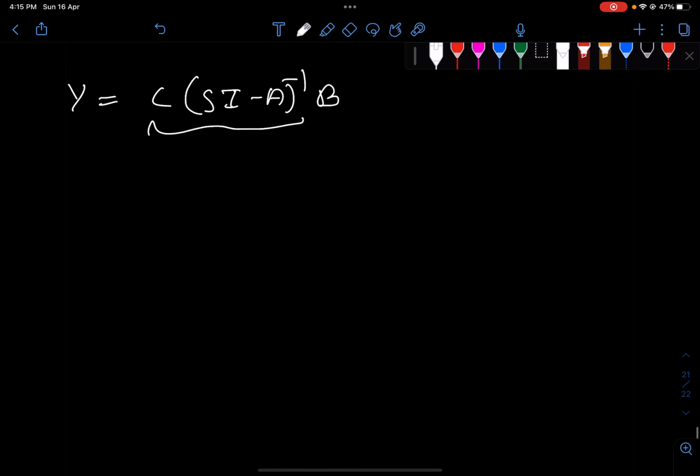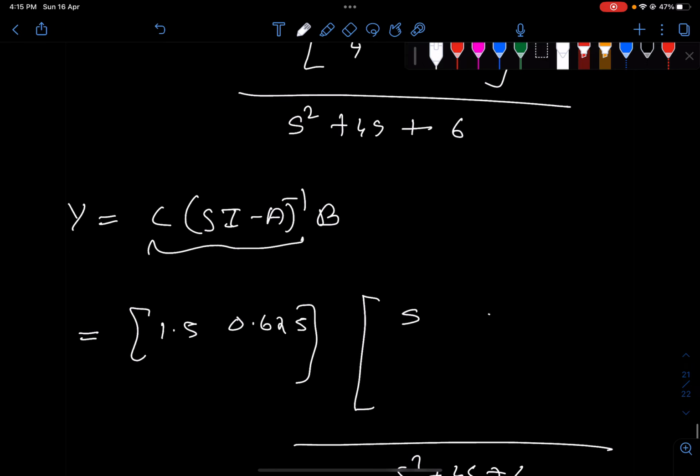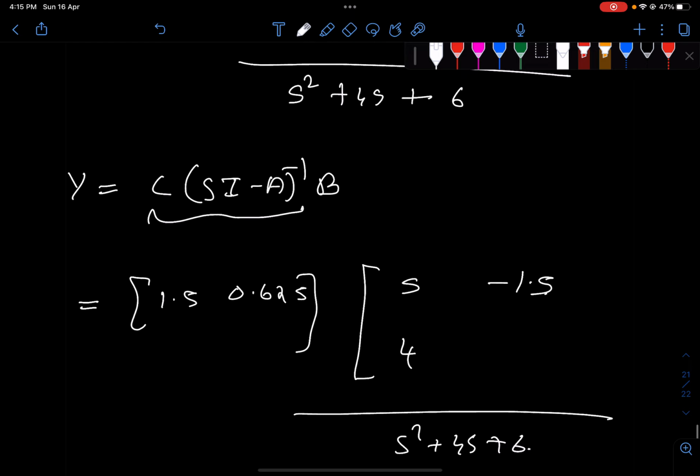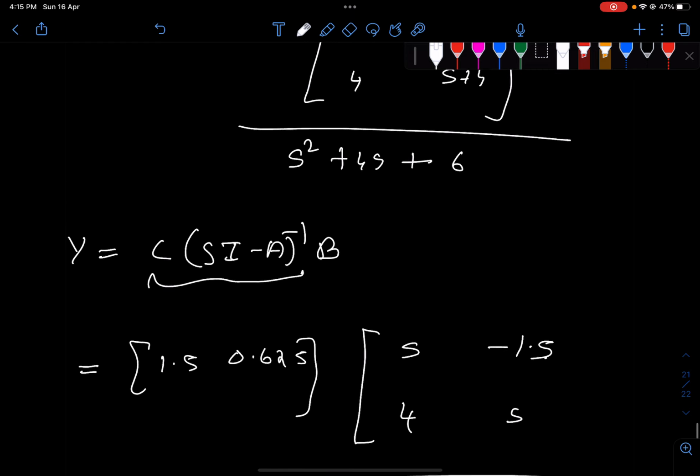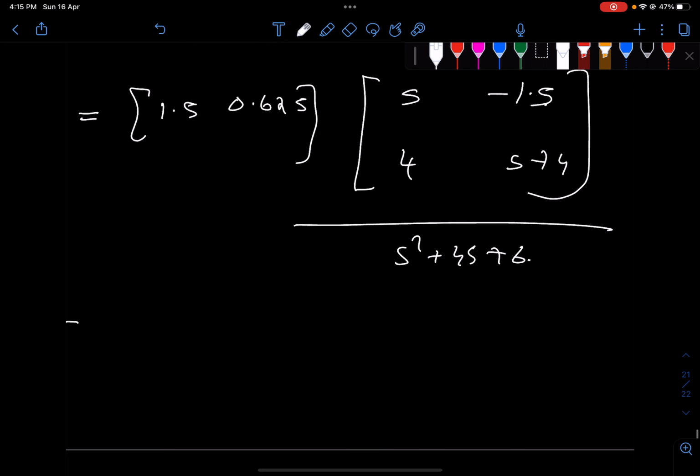So let me first find out this one. What is C here? It is [1.5, 0.625] multiplied by this matrix, (s squared plus 4s plus 6) multiplied by (s − 1.5, 4), this s here, s plus 4 here. So what is this one?